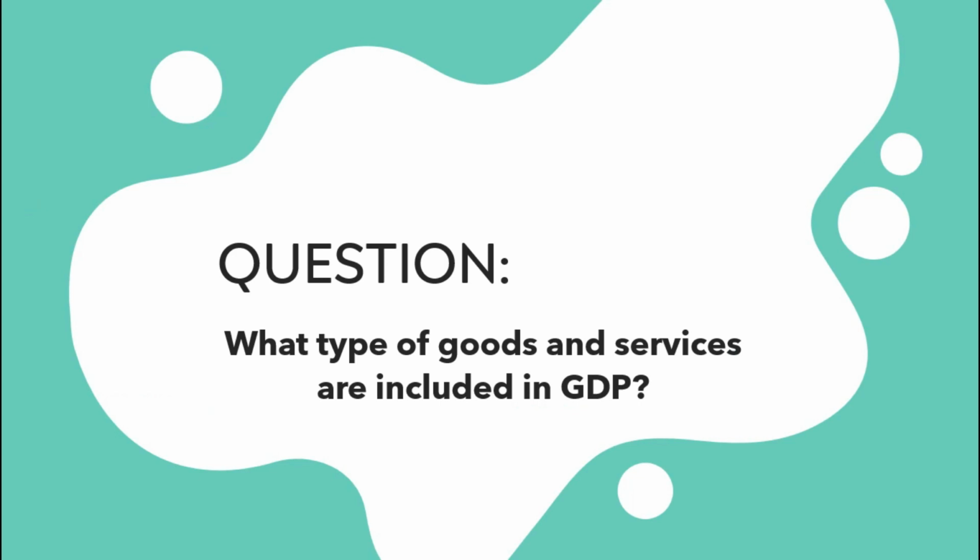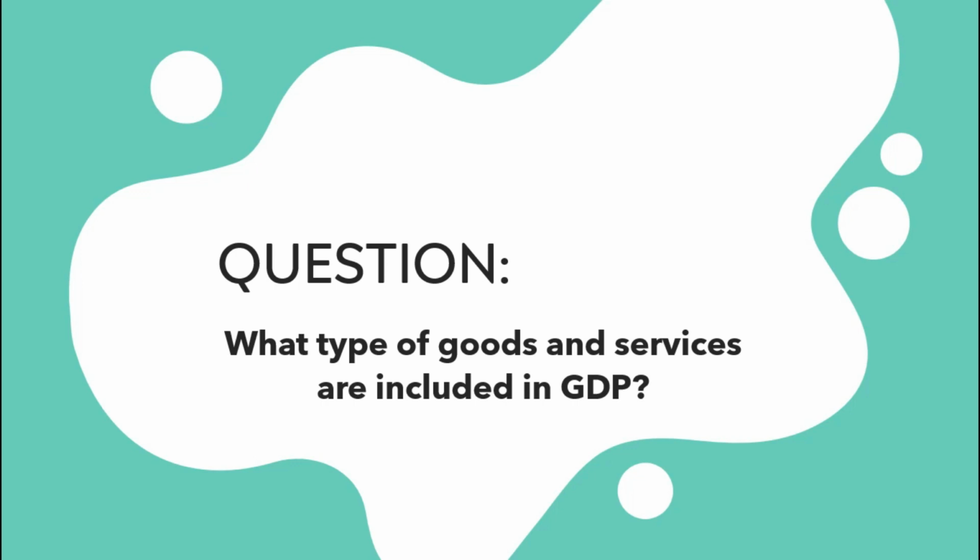Before ko mag-proceed kung paano i-calculate ang GDP, I want to ask a question. From what I have said earlier, unsa kaya tong type of goods and services nga included sa GDP? Alright? Hulaan ninyo.